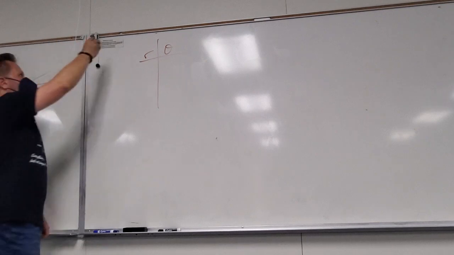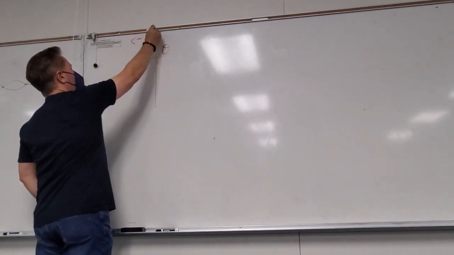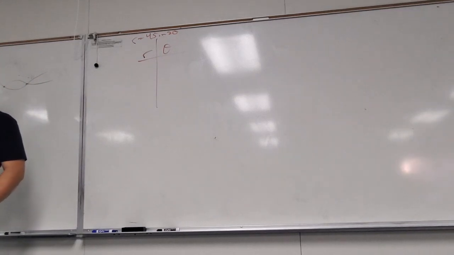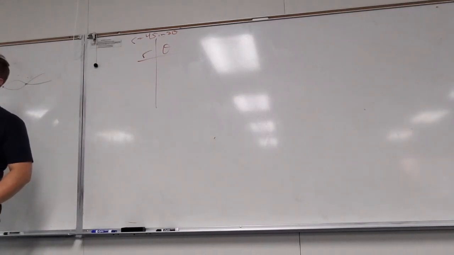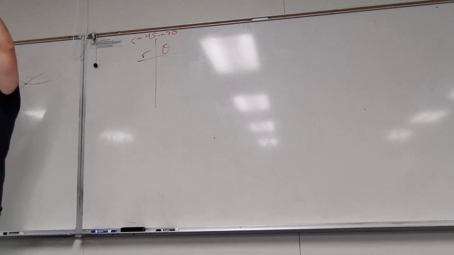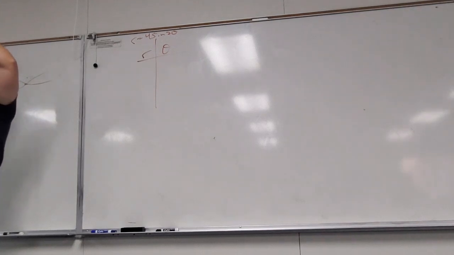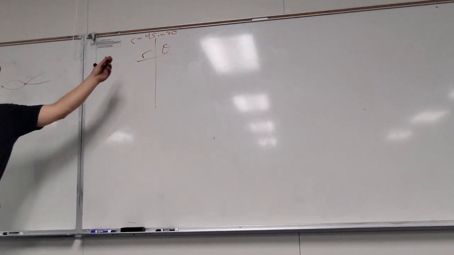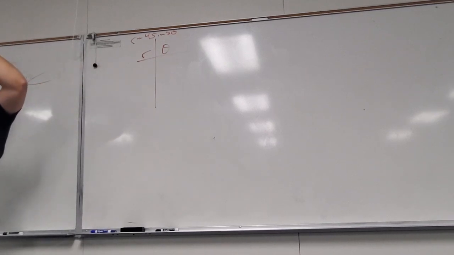So we're doing r equals 4 sine 2 theta. You want to have a high enough resolution. The nice thing is with most of these, once your inputs are in the second quadrant, you should be able to see where it's going, right?